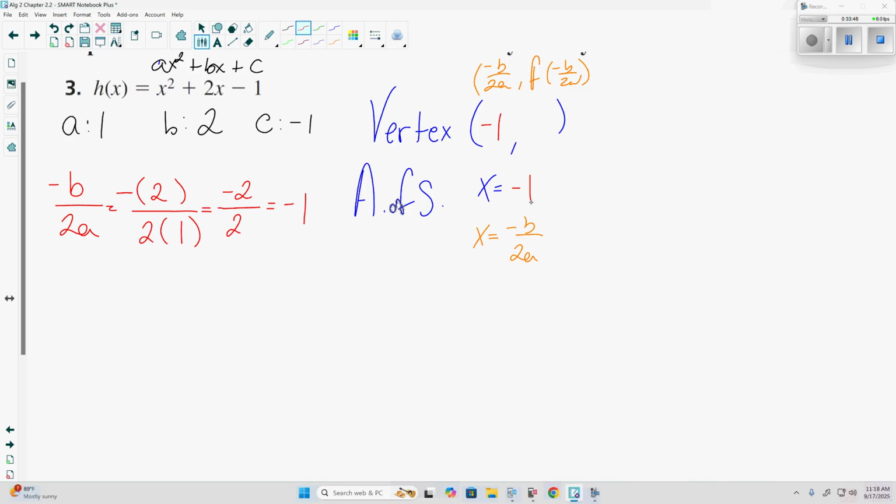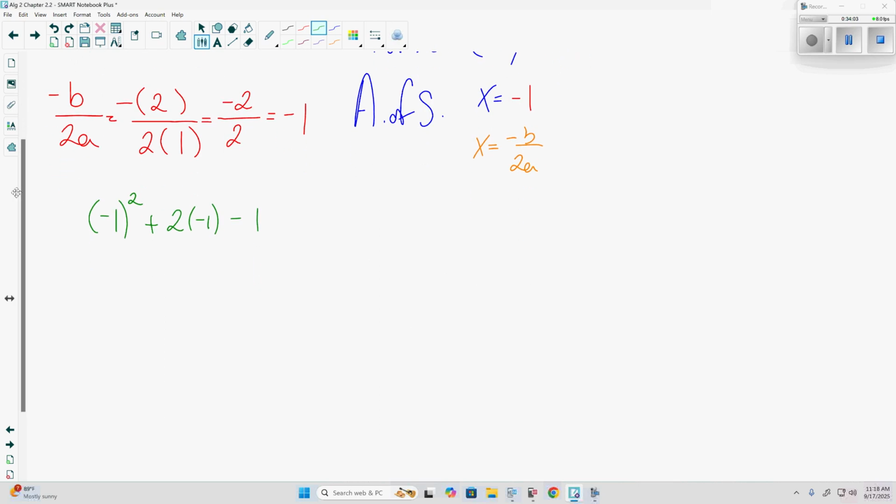Now the last thing we need to do is take that -1 and plug it back into our equation, the x squared plus 2x minus 1. So that will tell us that we have -1 squared plus 2 times -1 minus 1. Again, at this point here, we can plug that entire thing into the calculator.